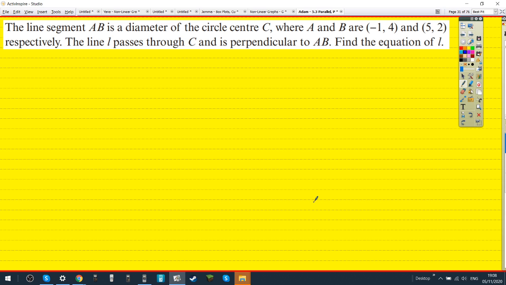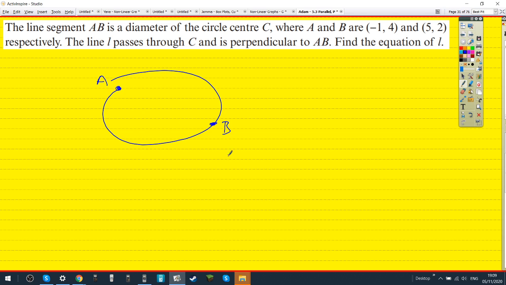So when it says perpendicular, does that mean it crosses through AB? Nope. Let's see, the line segment AB. So it looks like it's going to be something like that. So I'll do my best here. That's my circle. Okay.